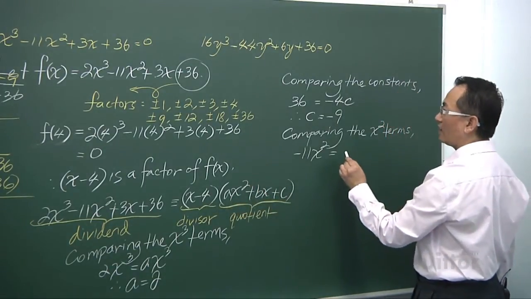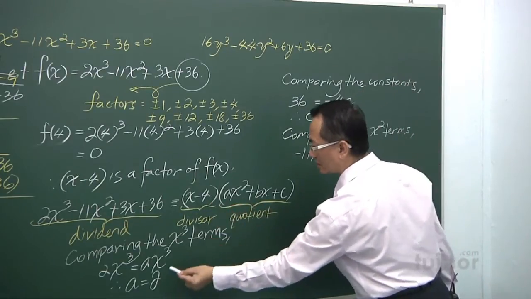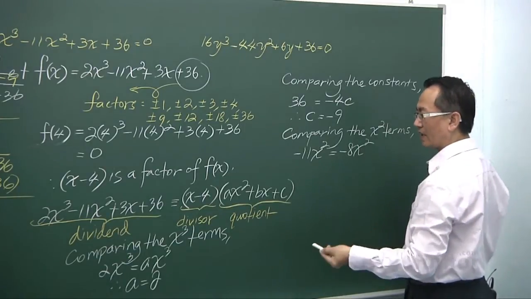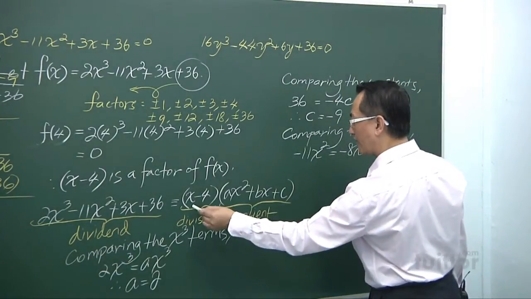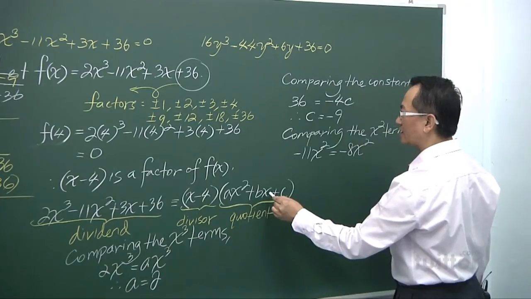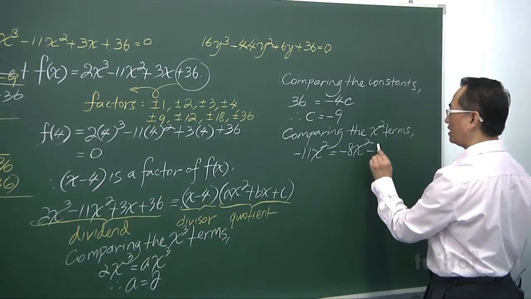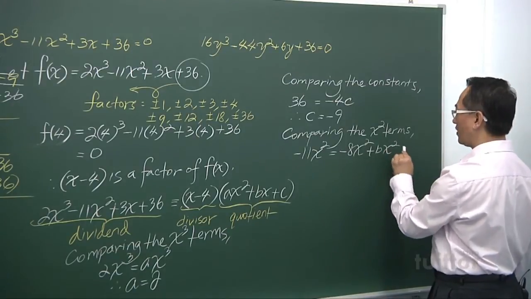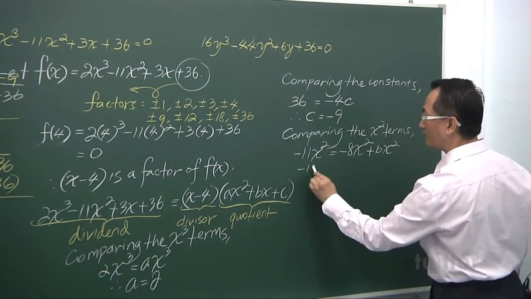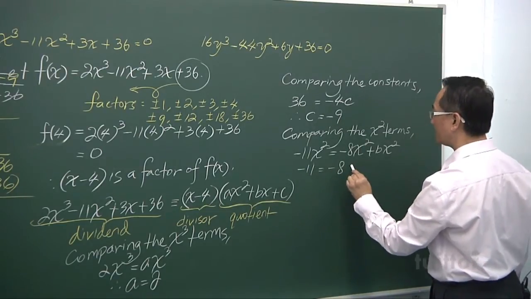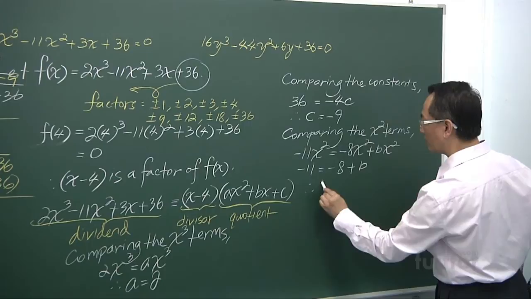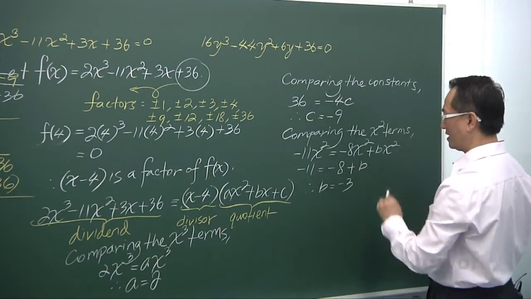So I have minus 4 times the 2 is negative 8x squared. And then another way to do that is the x term multiplied to the x term, x times bx. So that would be plus bx squared. So to take away all the x squared, I have minus 11 minus 8 plus b. So b will be negative 3.